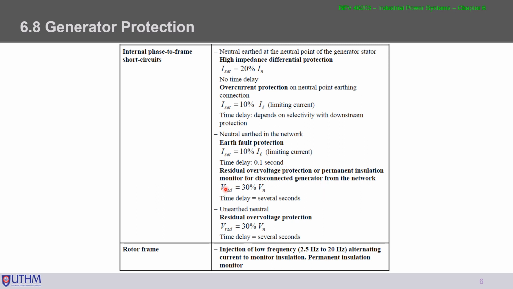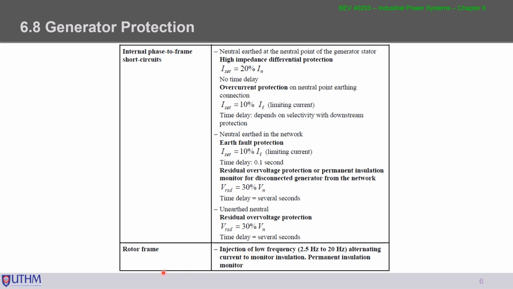If we use residual overvoltage protection or permanent insulation monitor for a generator disconnected from the network, we have to use the V RSD, residual, which is equivalent to more than 30% of the V nominal, and the time delay is several seconds. And for the condition of unearthed neutral, we have to use residual overvoltage protection, and the setting is more than 30% of Vn.